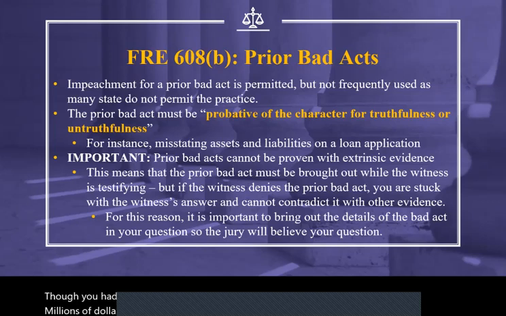Isn't that true? No. You're stuck. That person just shut you down. You cannot bring in the loan application. You can't bring it in as an exhibit, or even really talk about it and argue with the witness. As soon as that witness says no to a prior bad act, it shuts you down.